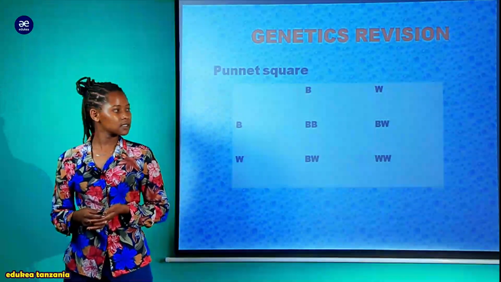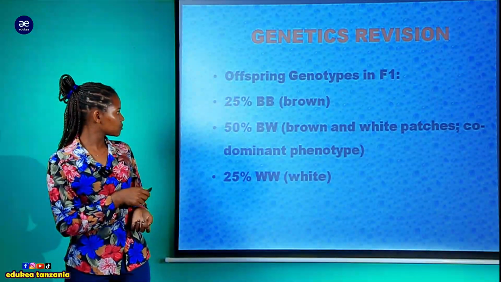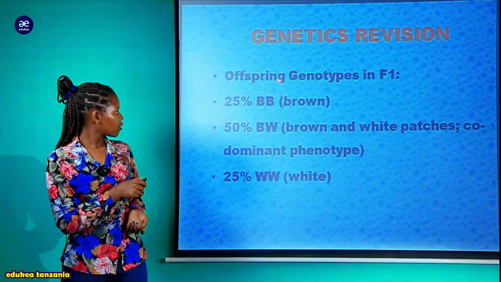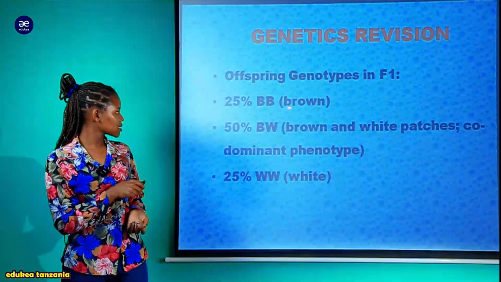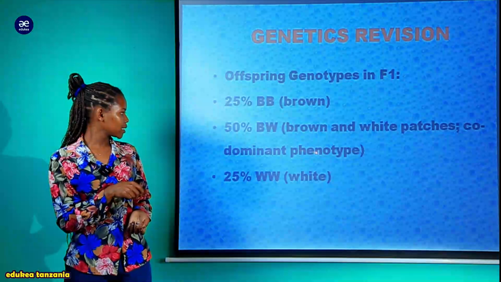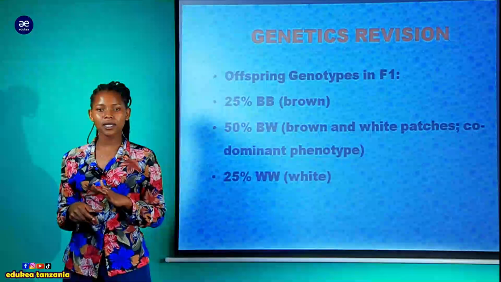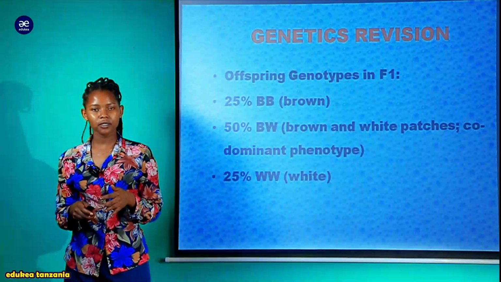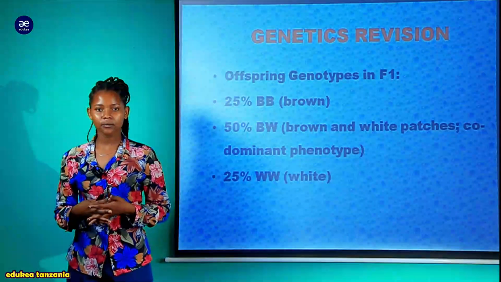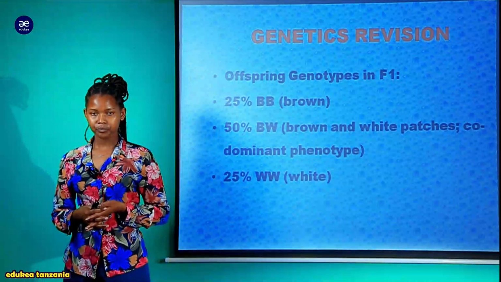And now after getting these offspring, we can see offspring genotypes in F1 are 25% brown, 50% brown and white patches, which are codominant phenotypes, and 25% white. So we get a ratio of 25 to 50 to 25. So the resulting F1 genotypes will be something like that.